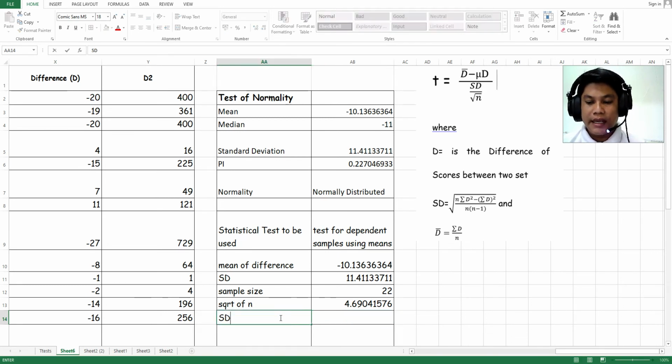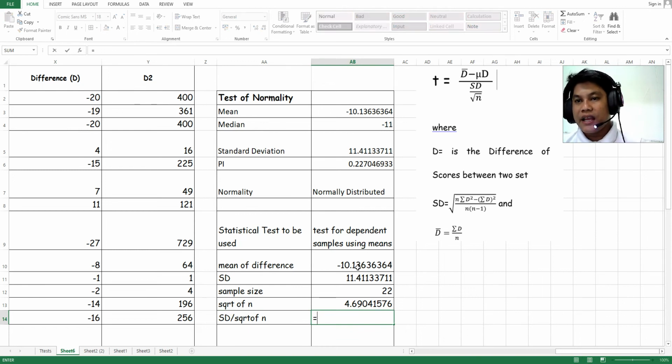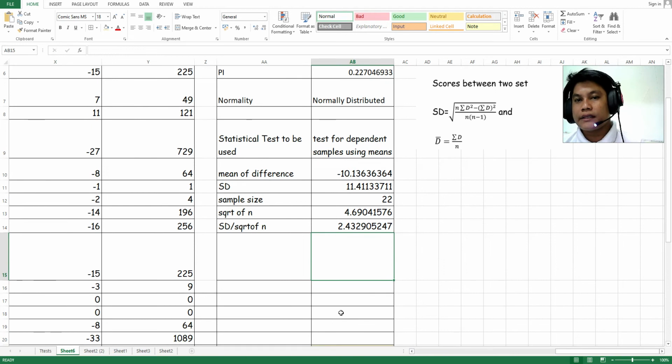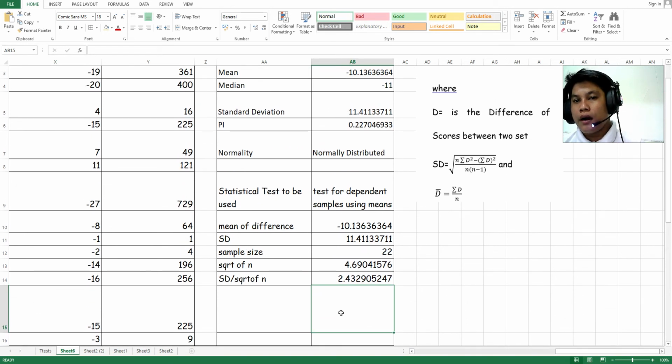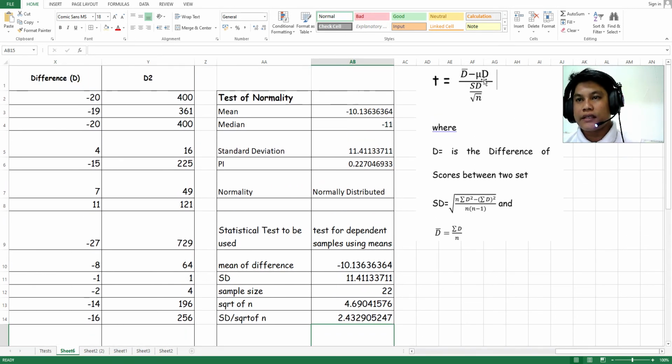So SD over square root of n. That means you have to divide the standard deviation by square root of n here, 4.69. There, that is the SD over square root of n. So that's the formula here. SD over square root of n.